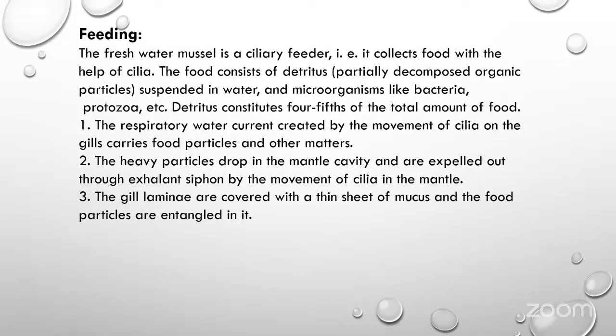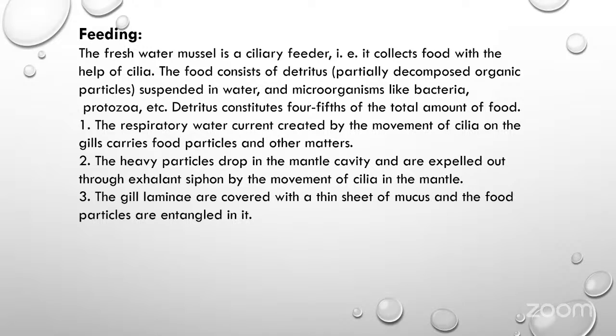Now, the feeding of the freshwater mussel. The freshwater mussel is a ciliary feeder, that is, it collects food with the help of cilia. The food consists of detritus, that is, partially decomposed organic particles suspended in water, and microorganisms like bacteria, protozoa, etc. Detritus constitutes 4/5 of the total amount of the food.